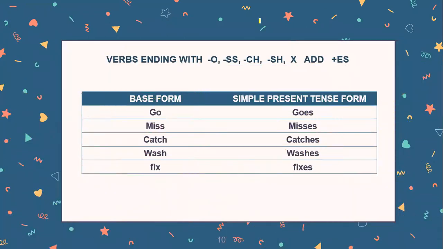Now, verbs ending with O, ending with double S, ending with CH, ending with SH, and ending with X. Those verbs which end with all these letters, we have to add es to make them into a simple present tense form. For example, go: we add es, so it becomes goes. Miss, we add es, so it becomes misses.